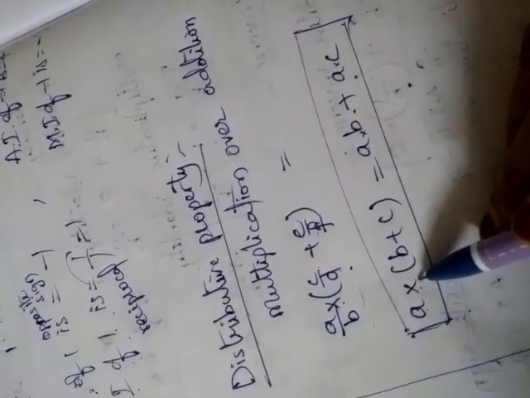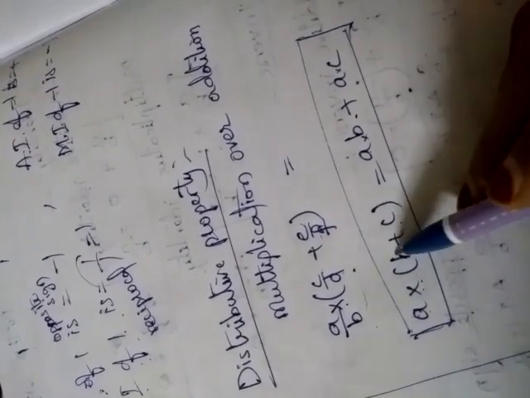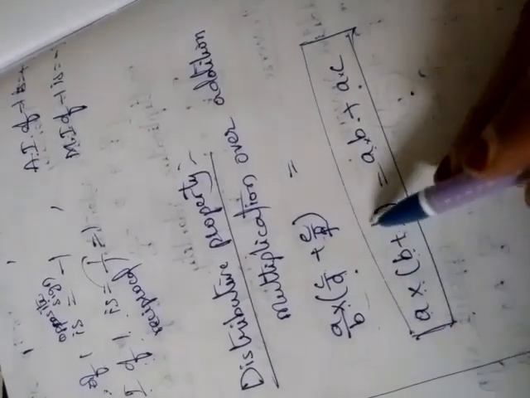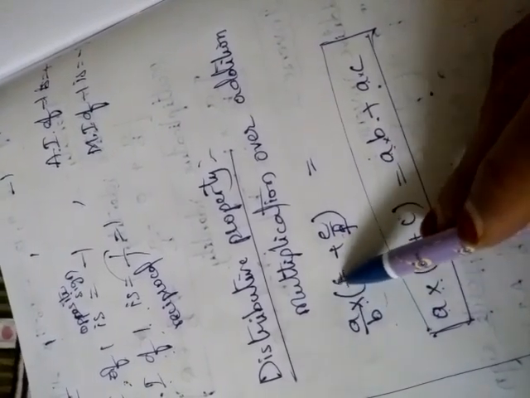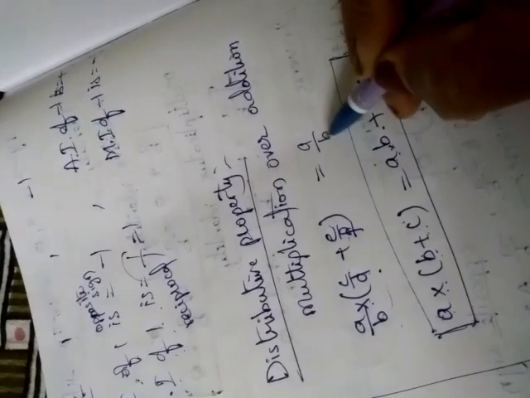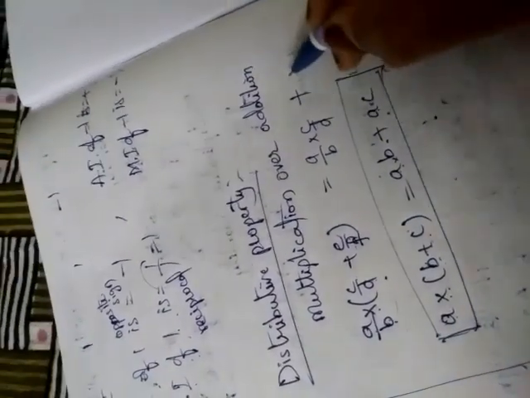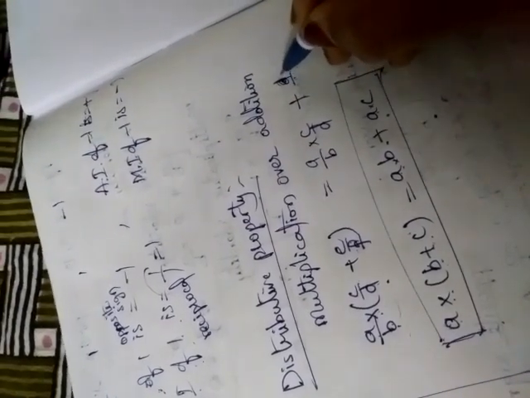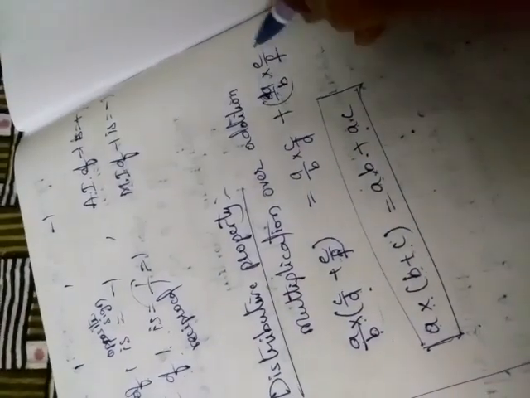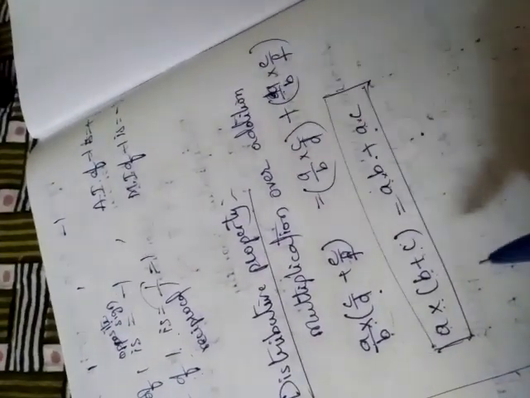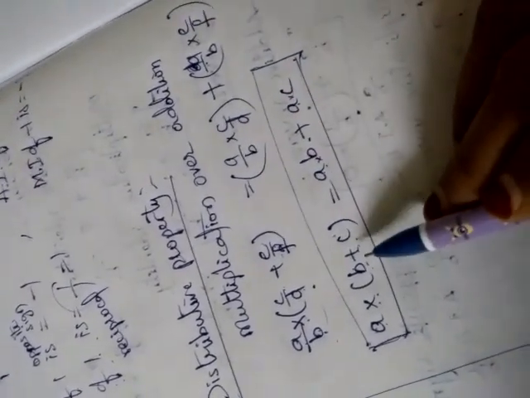Yes, no? a into b plus c equals a into b plus a into c. Same like that, a by b into c by d plus e by f equals a by b into c by d plus a by b into e by f. In fraction form we keep brackets, that much is the only difference. This is over addition.